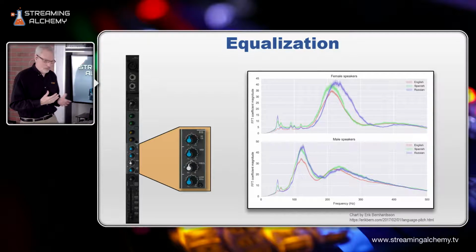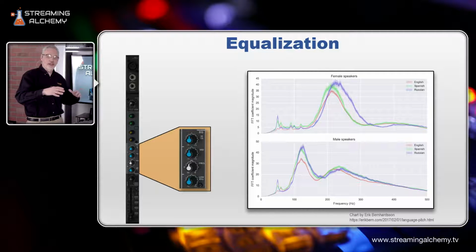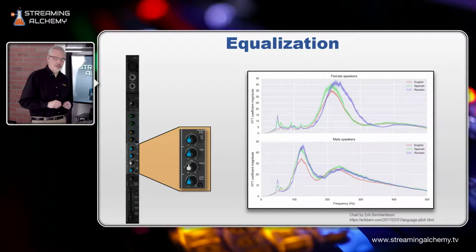But here, since you have this control at 80 hertz, you can spread that out and take off more of the low frequencies. But again, you don't want to do too much to impact the overall sound of the voice. And like with most things with sound, less is more. Do the minimum amount you need to adjust the sound for clarity without coloring the sound and making it sound artificial.